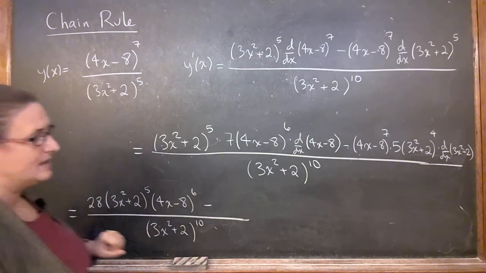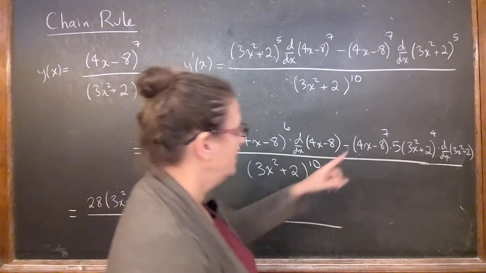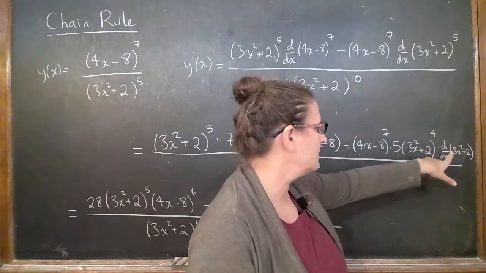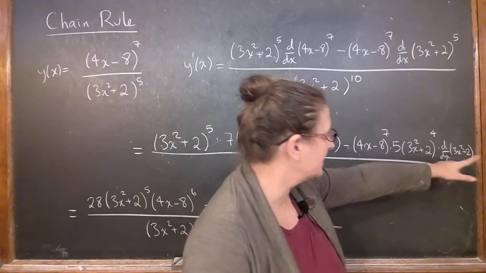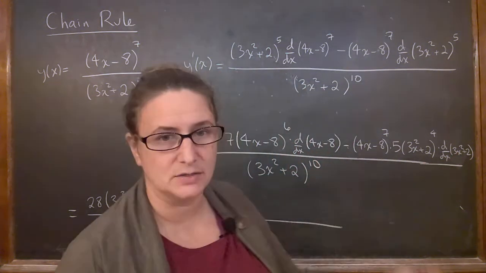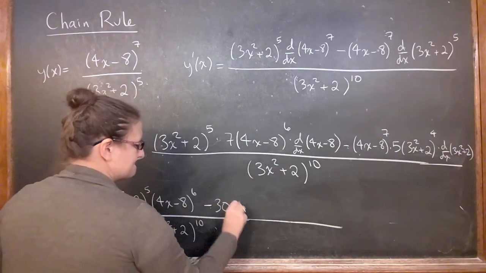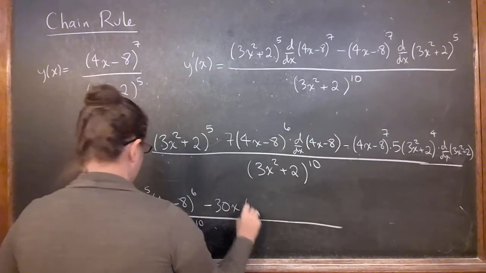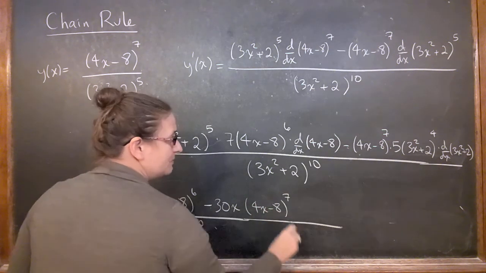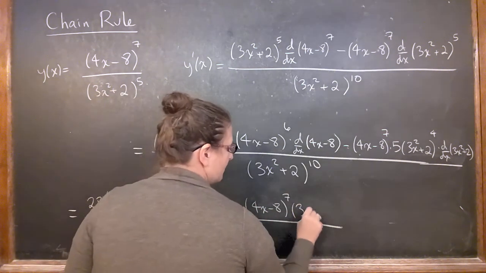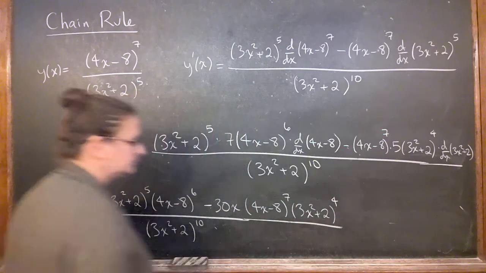And now in this second part, I've got this to the 7th, this to the 4th, the 5. And then the derivative of 3x squared plus 2 is going to be 6x. So I'm going to pull the 6x out, put it in the 5. That's going to be 30x times 4x minus 8 to the 7th times 3x squared plus 2 to the 4th. Okay?